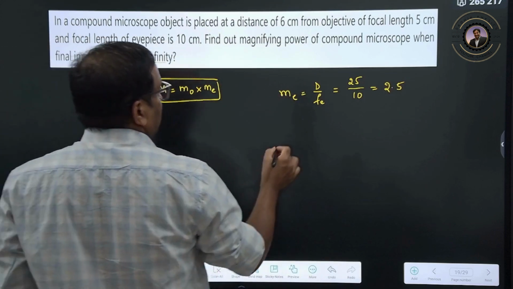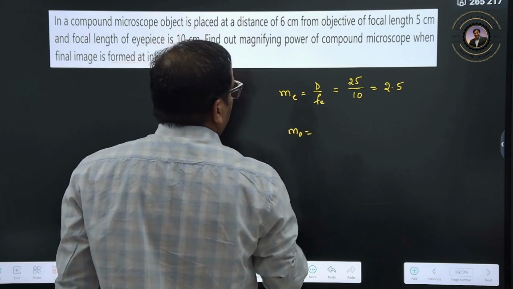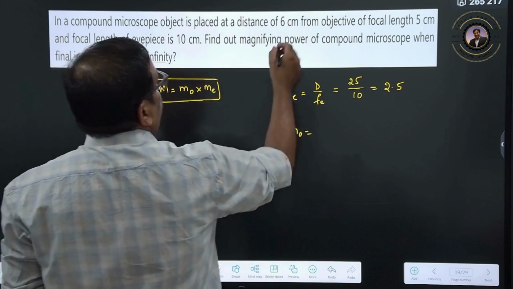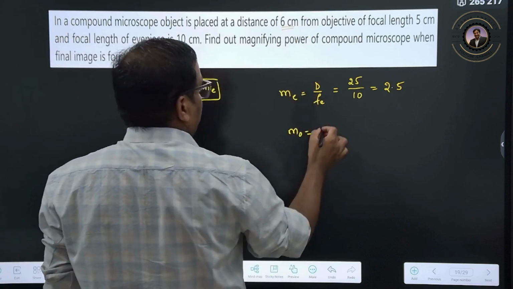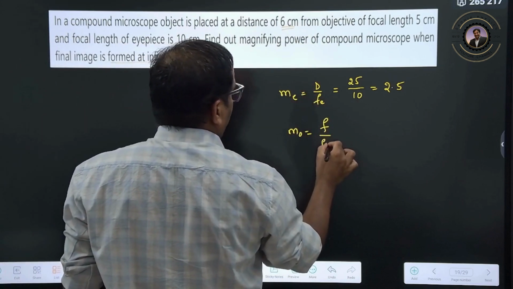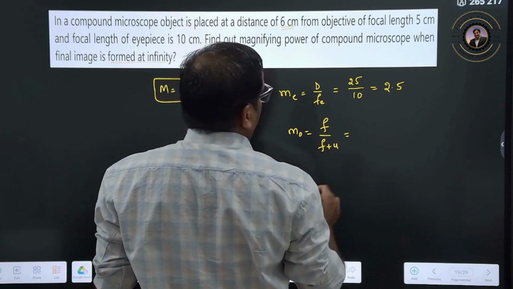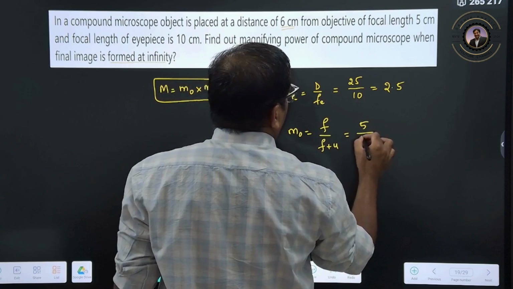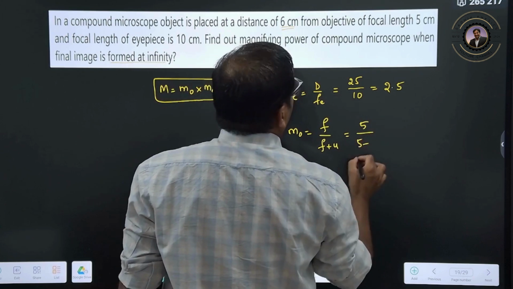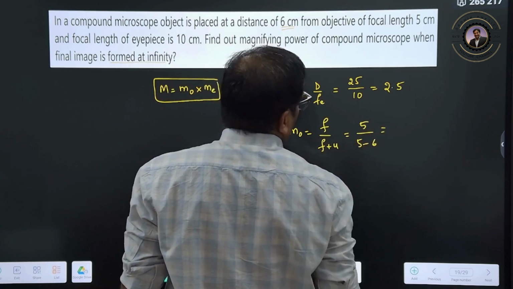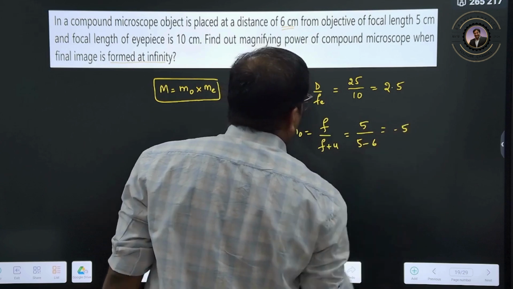And for the objective, MO can be written with 6 cm given, therefore F by F plus U. F is 5, so 5 by 5 minus 6, therefore minus 5.